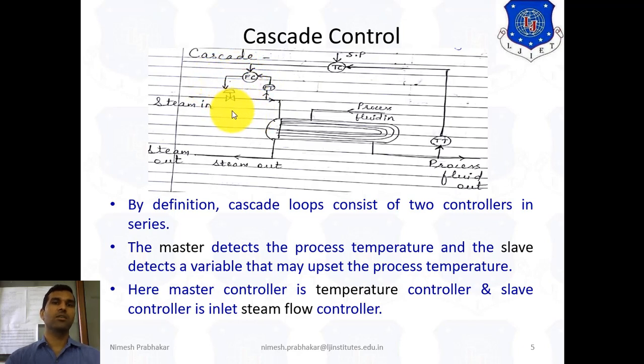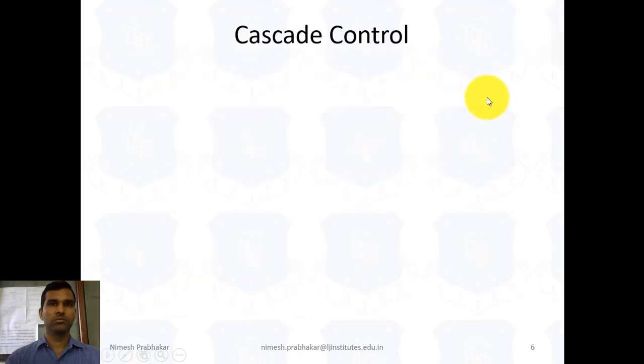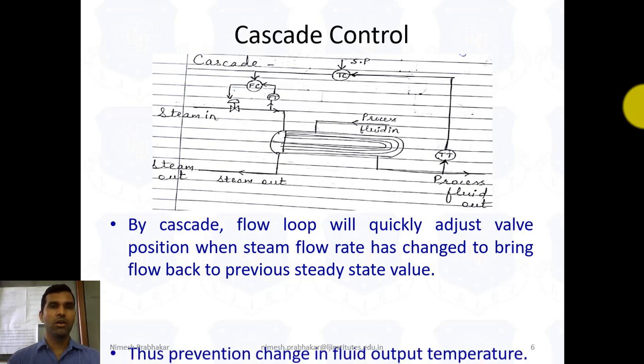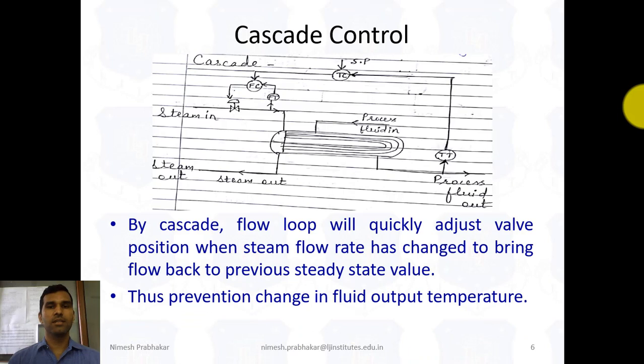So this is the cascade connection of the heat exchanger to control the outlet temperature of the fluid. See further about the cascade control. By cascade control, the flow loop will quickly adjust valve position when steam flow rate has changed to bring flow back to the previous steady state valve value, and thus prevent change in fluid output temperature.